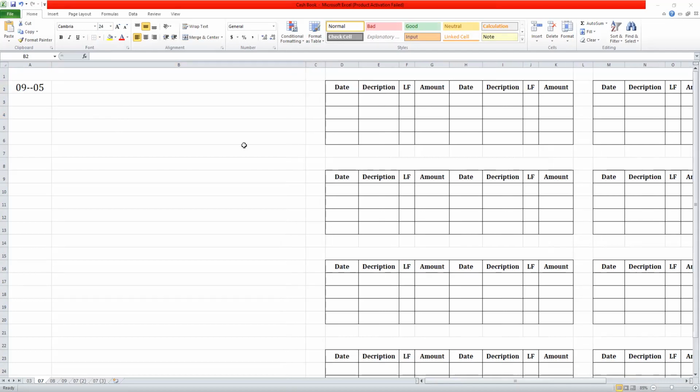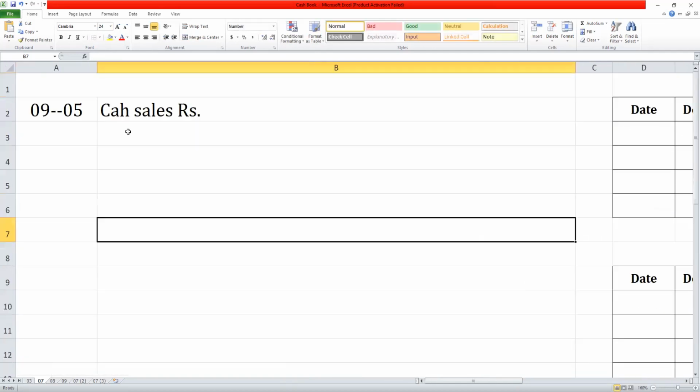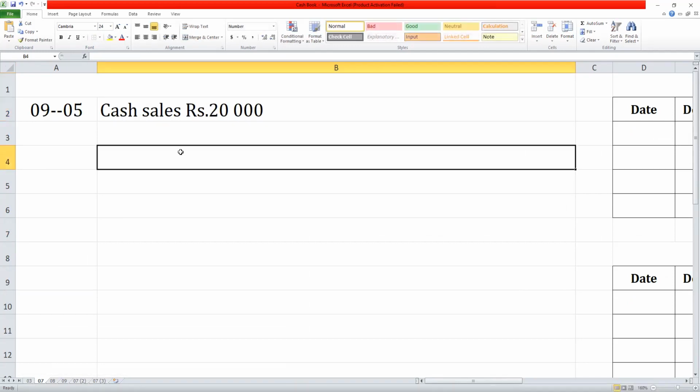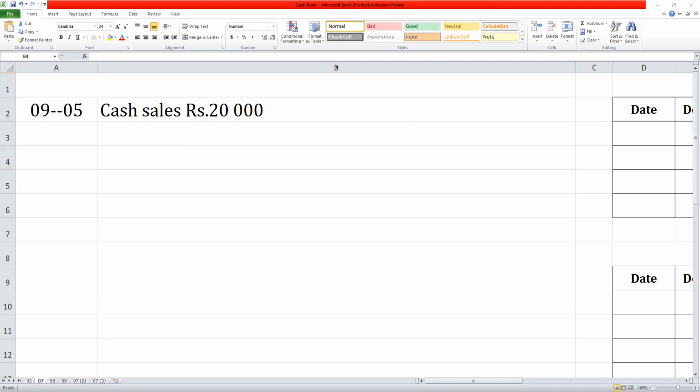Cash book is debited by 20,000 and the description is sales. So write it very simply: cash sales rupees 20,000. That is the transaction. Put the date.